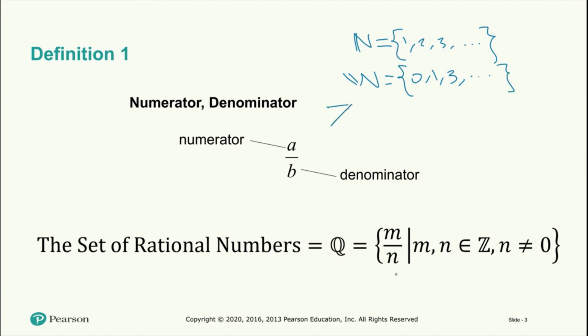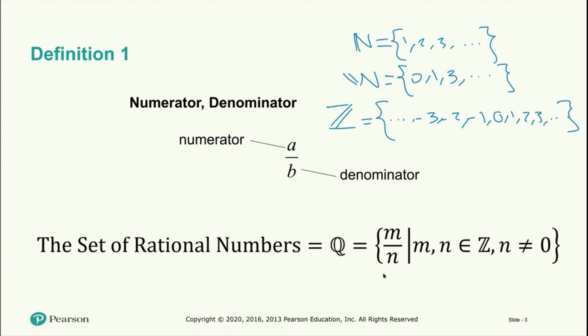Or the set of integers, which we can represent in this way. We start with an ellipsis, then list a few negative numbers, then 0, then 1, 2, 3, and then on forever, right? So all the whole numbers and their opposites comprise the set of integers.